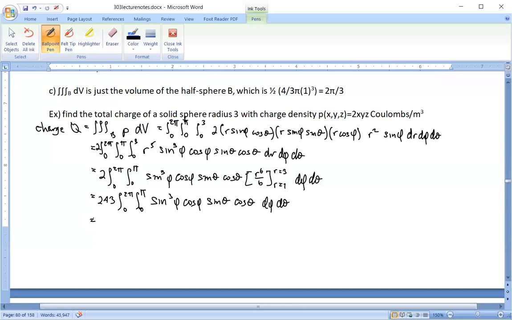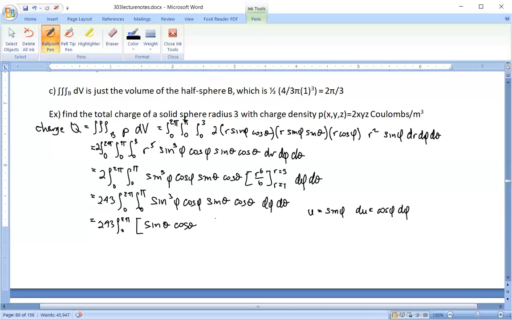So now we integrate d phi. To do that, we can just do a simple substitution. u equals sine phi, so du is just going to be cos phi d phi. So doing that integral will give us, the thetas will just sit there, so sine theta, cos theta, and this is integrating u cubed.